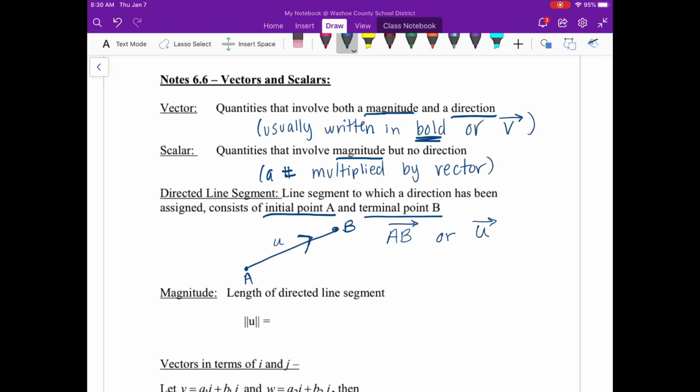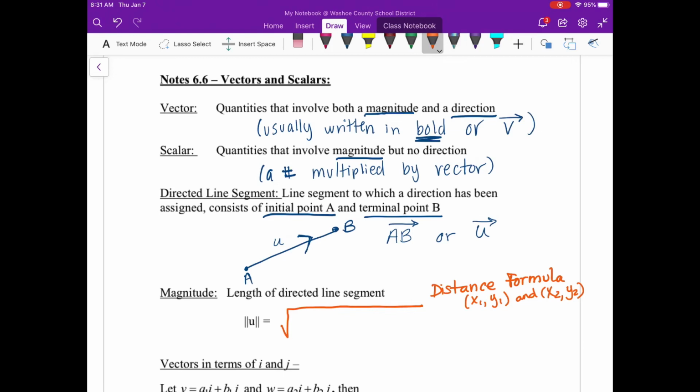And then magnitude. Magnitude is not a new term for you. You should have seen something similar in geometry, but in geometry we call it the distance formula, and it's essentially the same thing, except this time we're going to simplify it to be applied just with vectors. As a quick refresher, the distance formula is used with 2 points, x1, y1, and x2, y2.